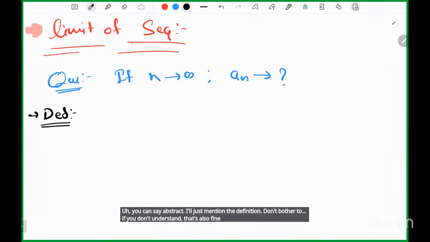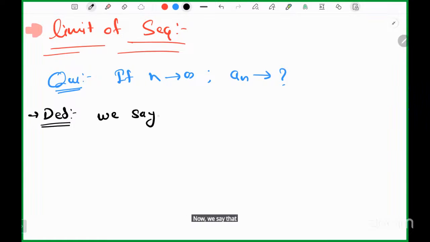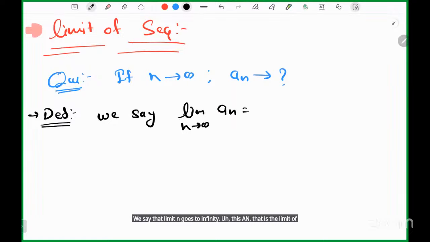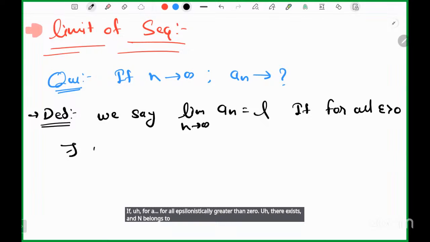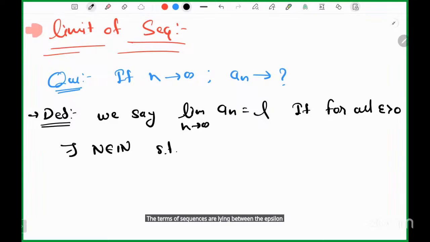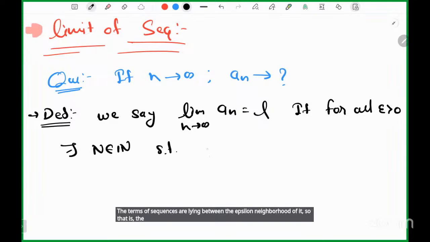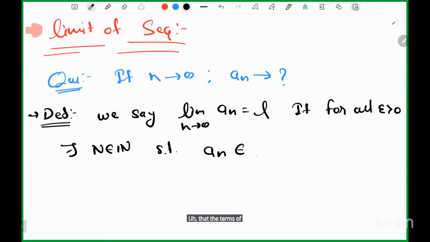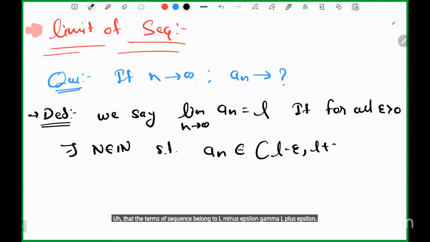The epsilon-delta definition says: we say that the limit as n goes to infinity of a_n, the limit of the sequence, is a number small l, if for all epsilon strictly greater than 0, there exists a capital N belonging to the natural numbers such that the terms of the sequence lie in the epsilon neighborhood of L. That is, a_n belongs to (L minus epsilon, L plus epsilon) for all n greater than or equal to capital N.